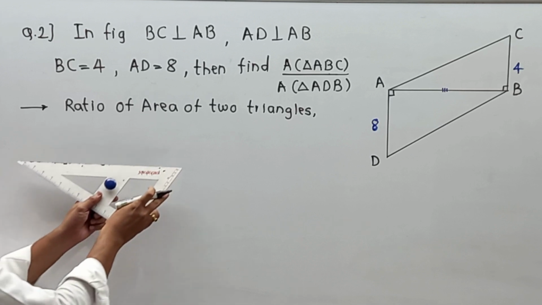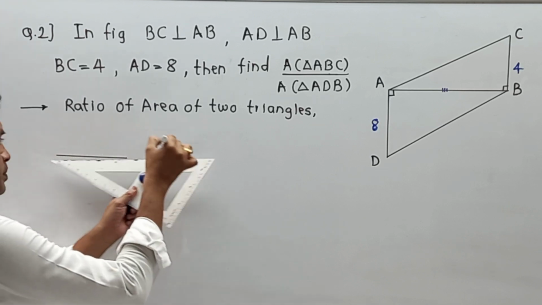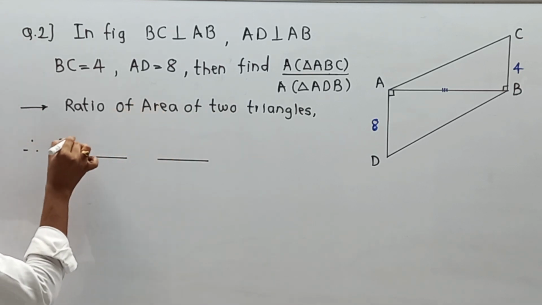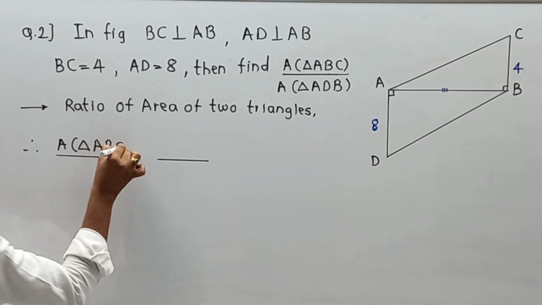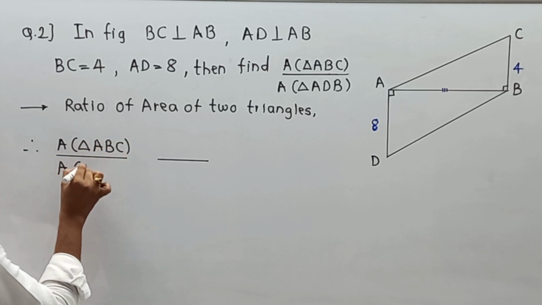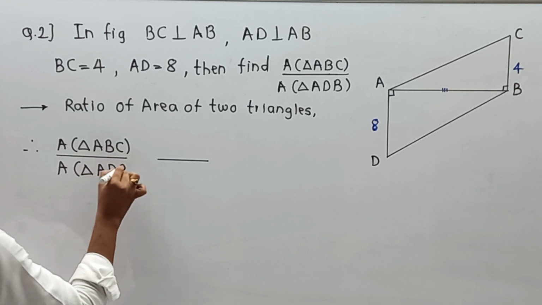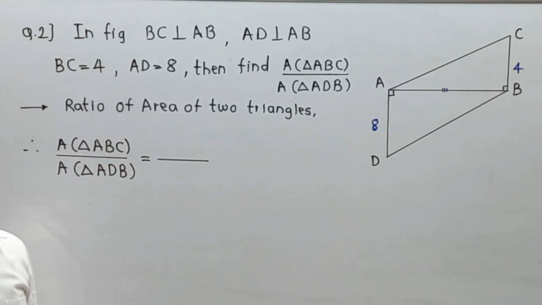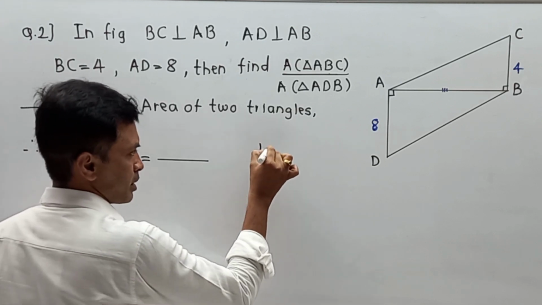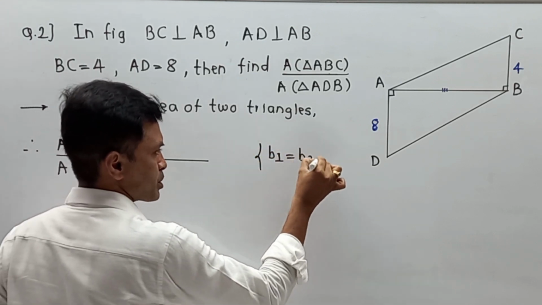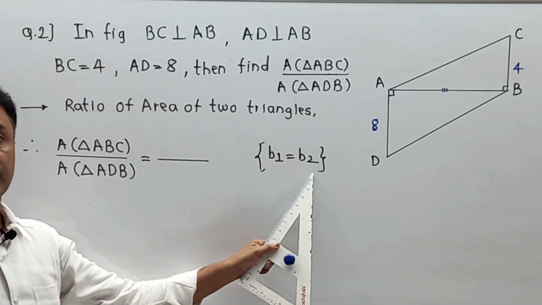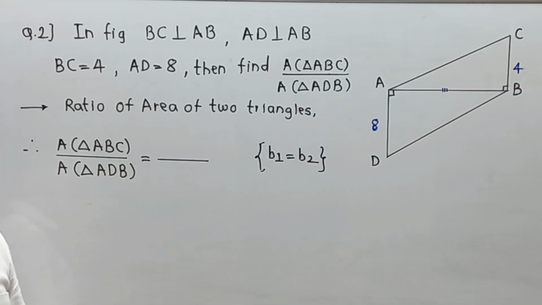As per the part, area of triangle ABC upon area of triangle ADB is equal to, we know that for both triangles the base AB is the same, or logically you can represent that the base of first triangle is equal to the base of second triangle. That part you can write as a reason. Naturally, if two triangles have an equal base, then ratio of area is equal to ratio of height.